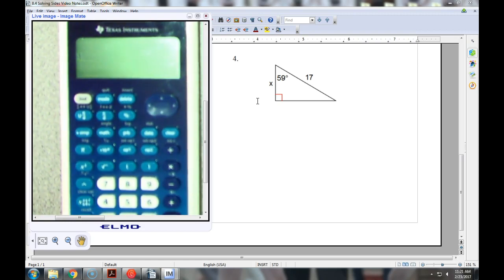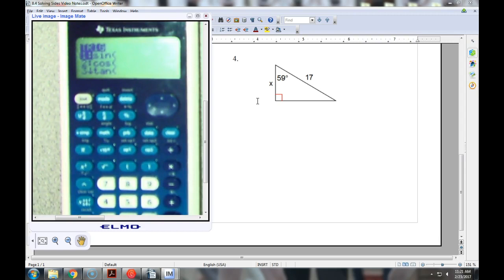So you have to get in the trig menu, and the trig menu is right above the pi key. So I need to hit second, then pi, and that will get me in the trig menu. Man, that's really blurry.